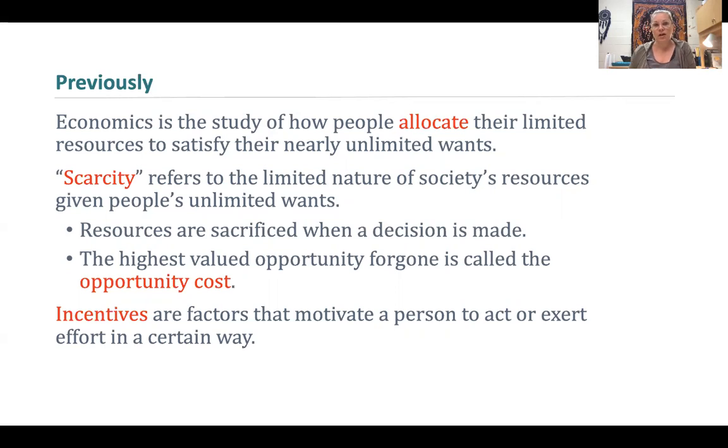And when we face a trade-off, the thing that we give up or the cost of that decision is known as opportunity cost. We can work in incentives, both positive and negative, through public policy to help motivate people to act or exert effort in a particular way that aligns better with the optimal allocation of resources.